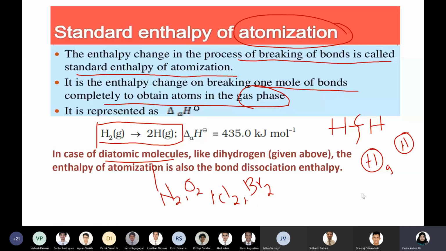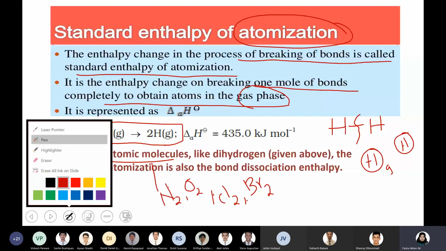In all of these, you can see they are diatomic molecules. So the bond dissociation enthalpy and the enthalpy of atomization are the same, because by breaking the bond you automatically get atoms.